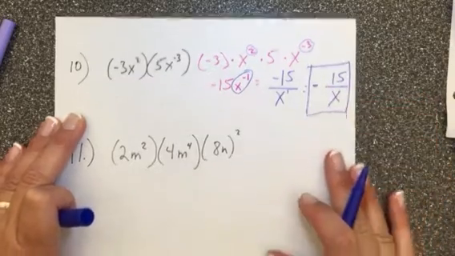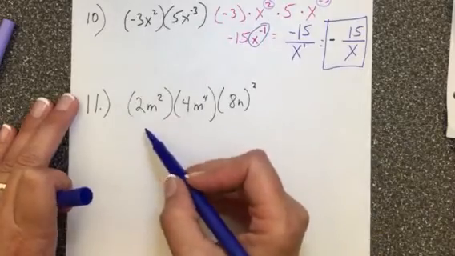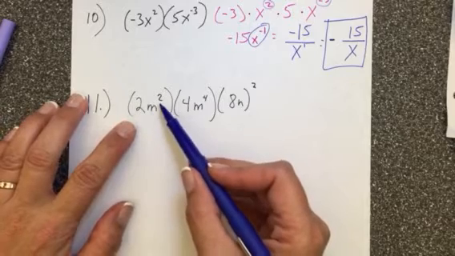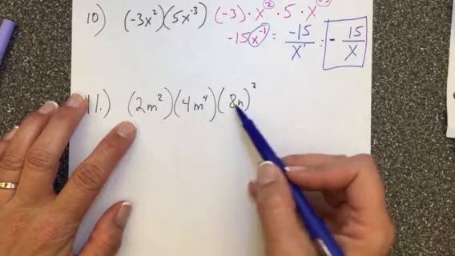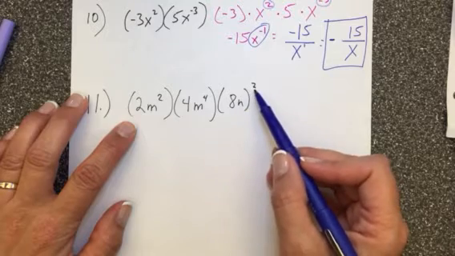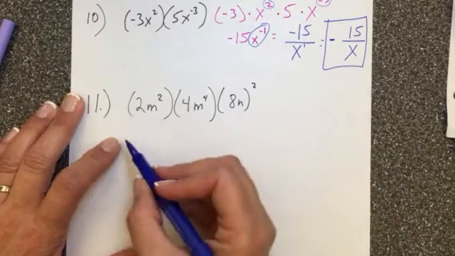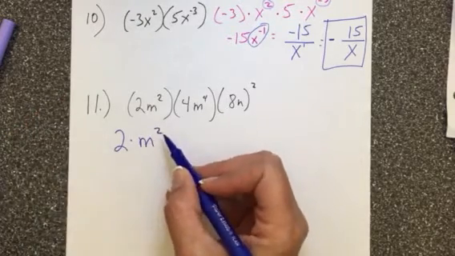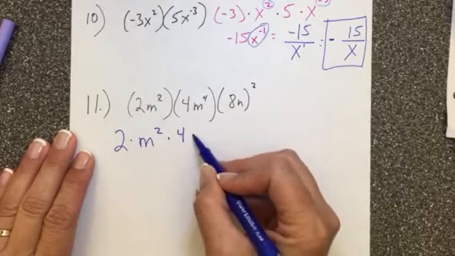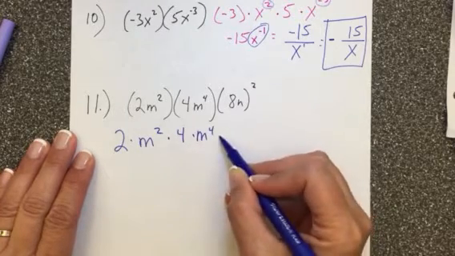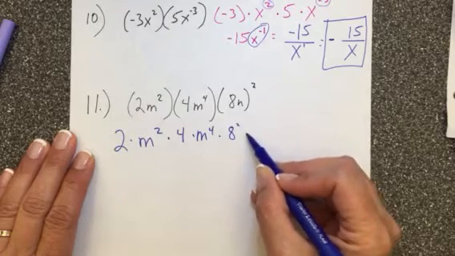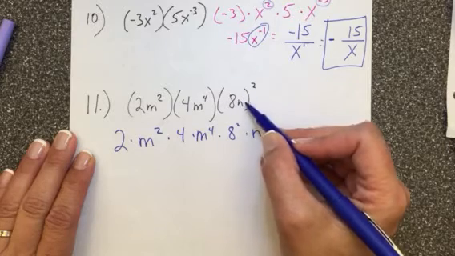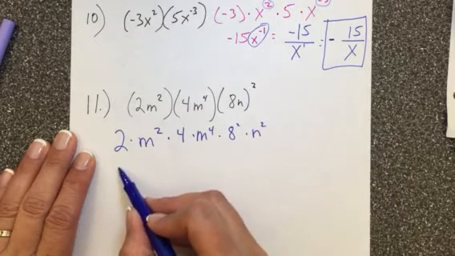And the last one I'm going to do is number 11, where I have several numbers here. I have 2m to the 2nd times 4m to the 4th times 8n, all raised to the 2nd power. So I'm going to go 2 times m to the 2nd times 4 times m to the 4th, and then here it gets tricky, times 8 to the 2nd times n to the 2nd, because I had to distribute that exponent into both of my numbers here.